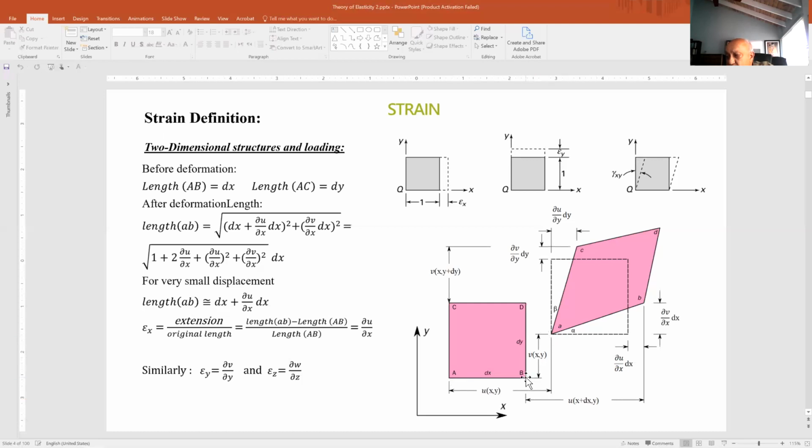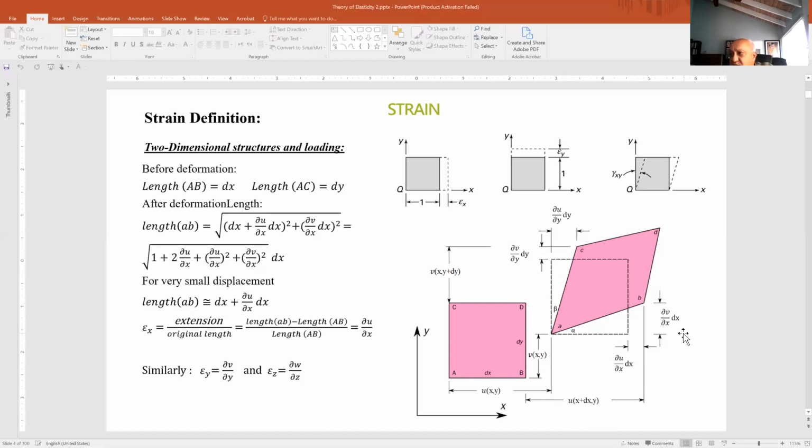A neighboring point B along the x-axis would deform to a new position b, whose total displacement would be u at x plus dx and y, and the difference in the length along the x-axis would be derivative of u with respect to x times dx, and along the y-axis, derivative of v with respect to x times dx.